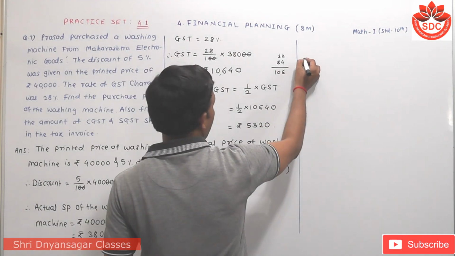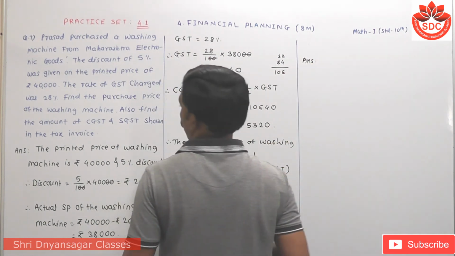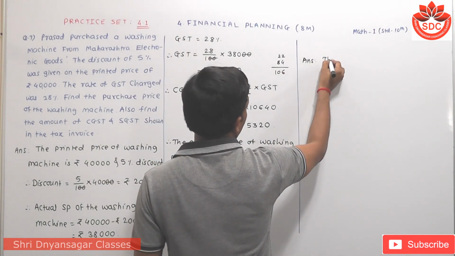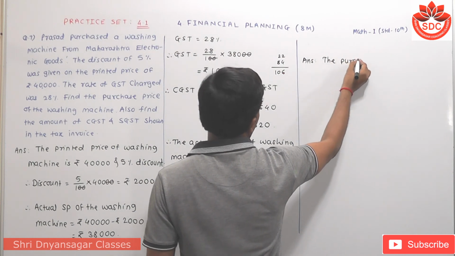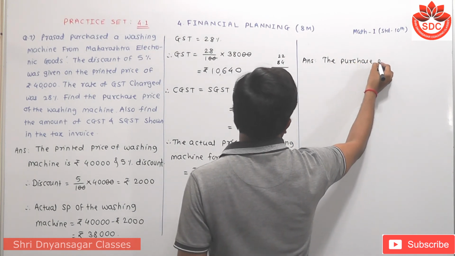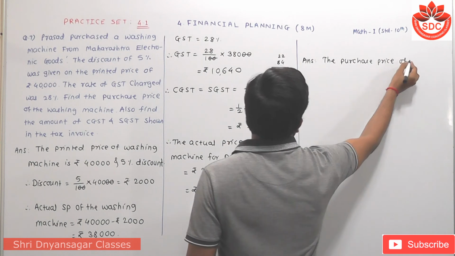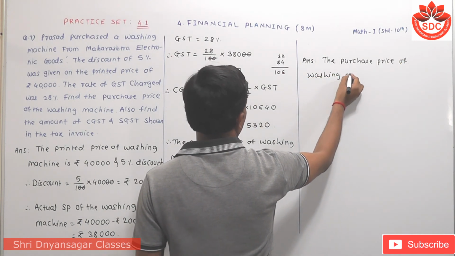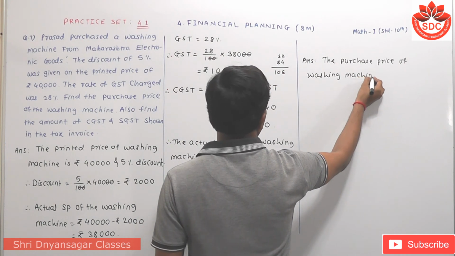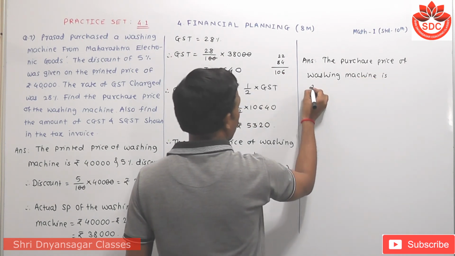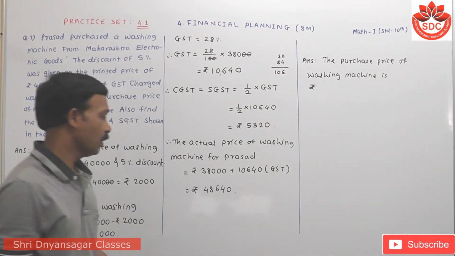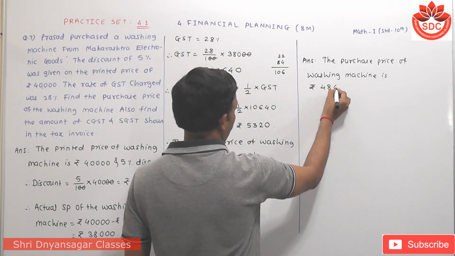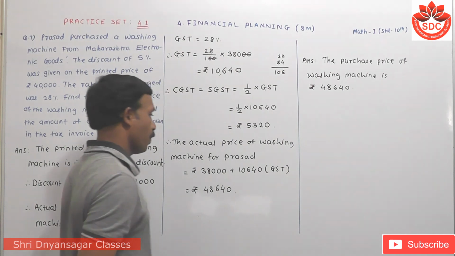Then we have to write the answer in full sentence. The answer is the purchase price of washing machine is rupees how much? 48,640.